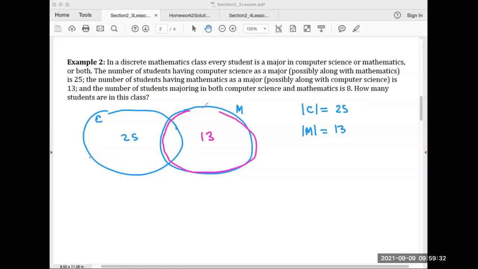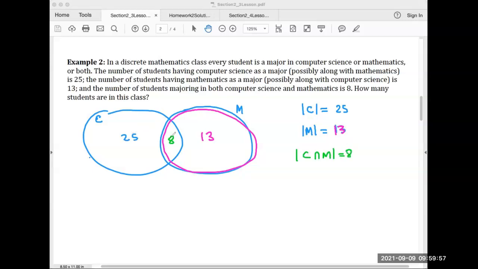All right, so let's make this pink. And the number of students majoring in both computer science and math is 8, okay? So this intersection is 8, all right. So let me write 8 right here. So this is C intersect M is 8, okay?